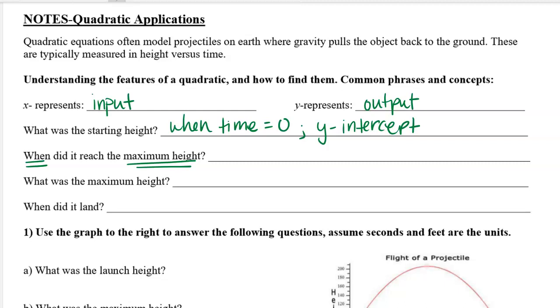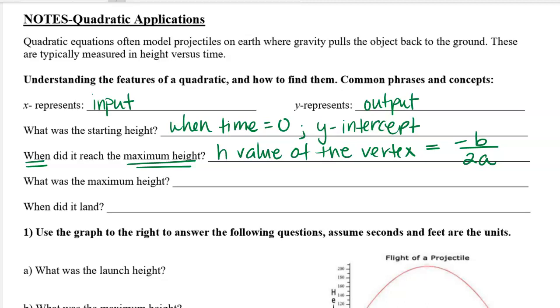The H value of the vertex or the K value of the vertex? You are correct. So this is definitely the vertex, but just the H value of the vertex. By the way, how do we find the H value of the vertex, students? What's the formula? We have to know this. Yes, Chris, good job. Negative B divided by 2 times A. Beautiful.